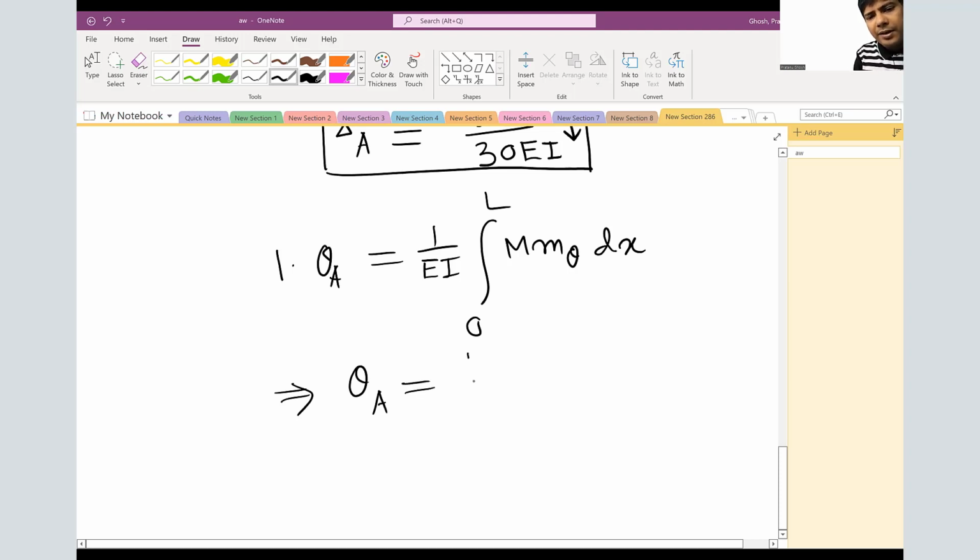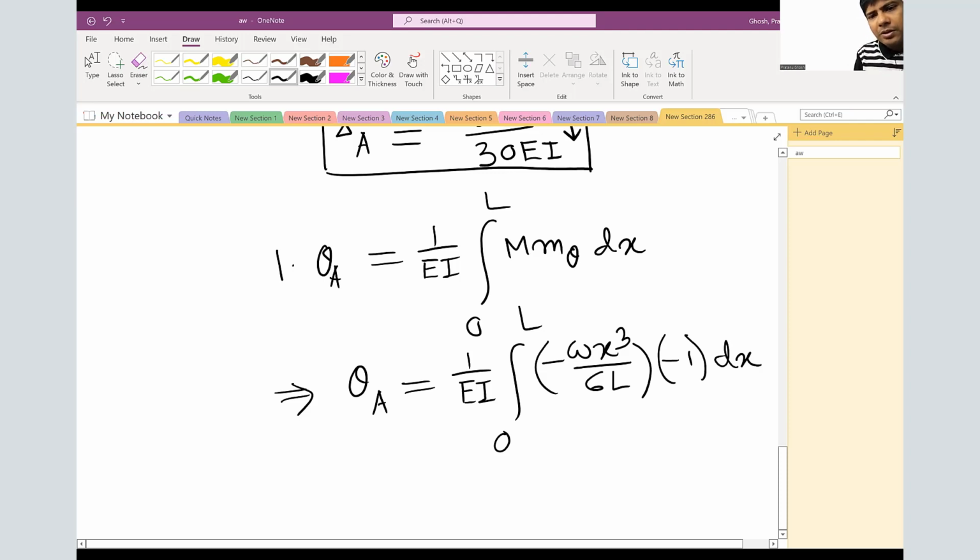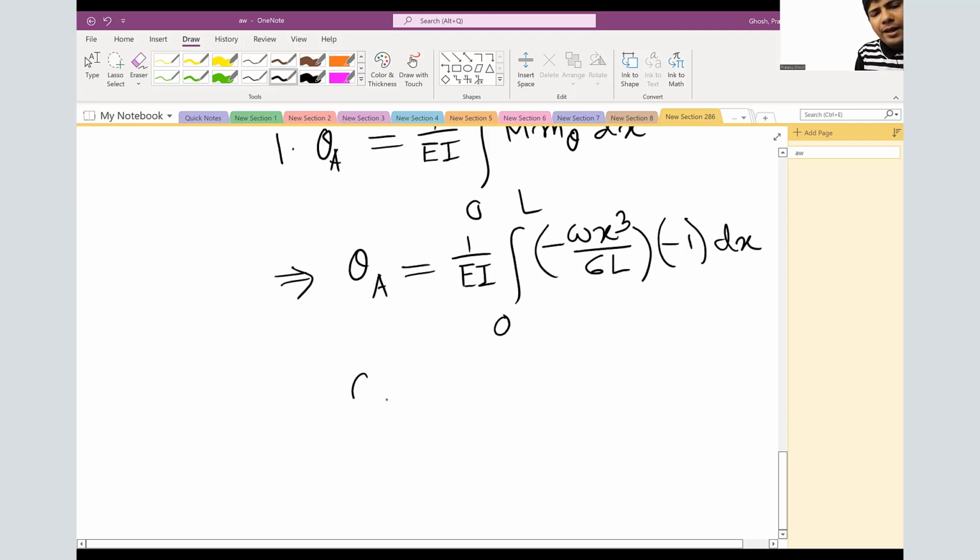So plug it back again, 0 to L, negative Wx cubed over 6L, and M sub theta is just minus 1, dx. So if you do the integration and put the limits, you will get WL cubed over 24 EI. And again, a positive value. So we started with a counterclockwise moment, we got a positive value, so your slope is counterclockwise.